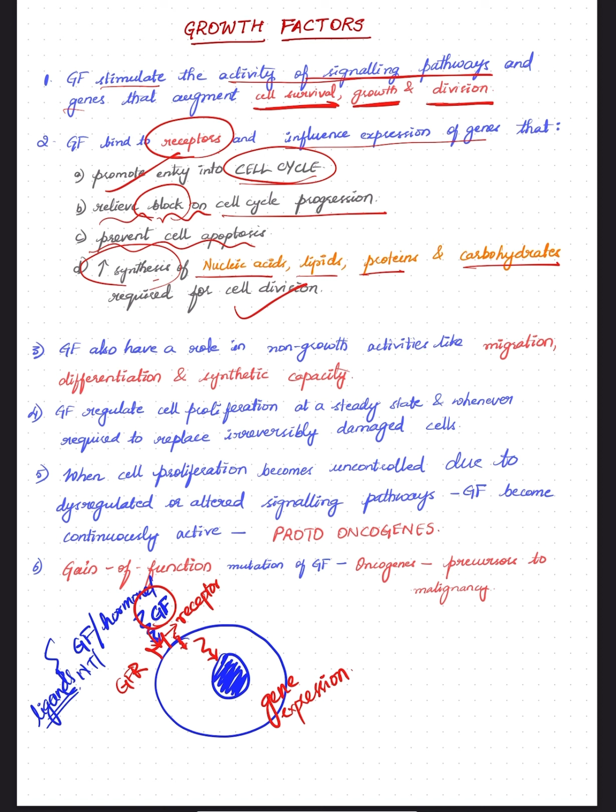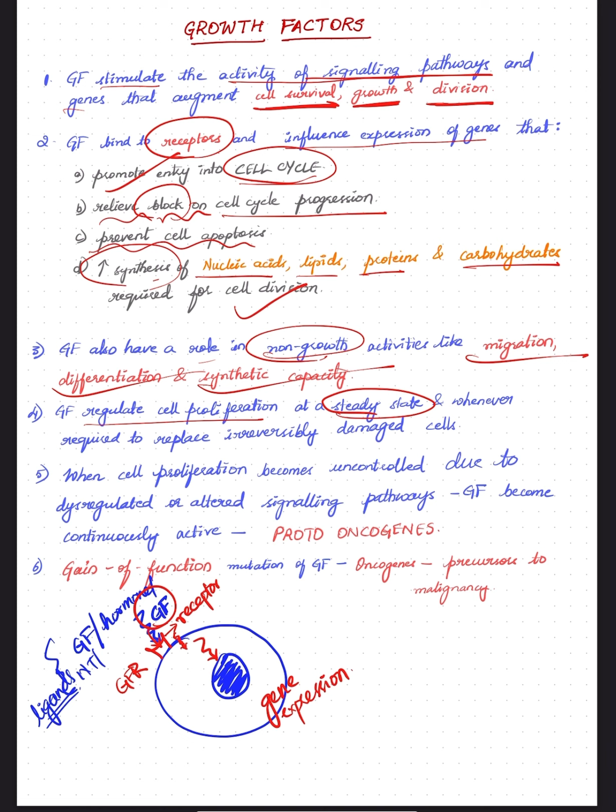Growth factors also have a role in non-growth activities like migration, differentiation, and synthetic capacity. They regulate cell proliferation at a steady state, that means not in excess and not in a deprived state. It has to be in a steady or optimal state.